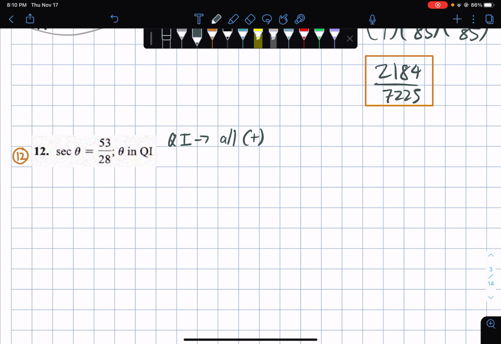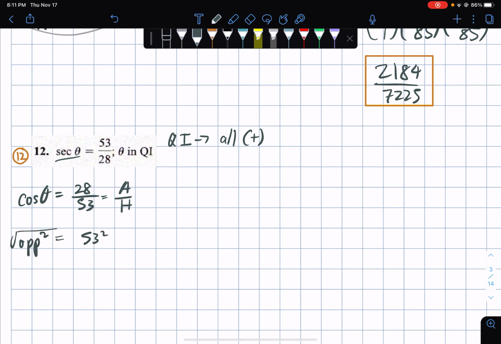So given there, right now we no longer involve sine, cosine, tangent. This time we have secant, the inverse of cosine. So if secant is like this, then therefore cosine is basically the inverse. So reciprocate the fraction. So right now we have A over H. Let's look for the opposite side. We have 45.